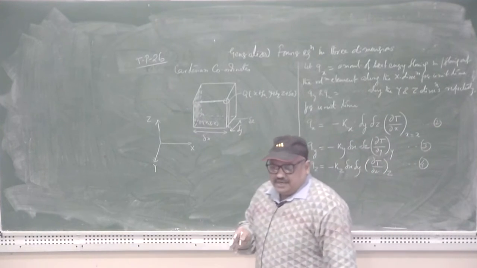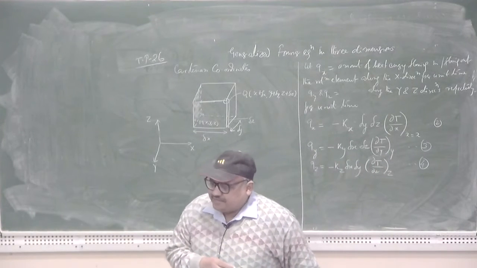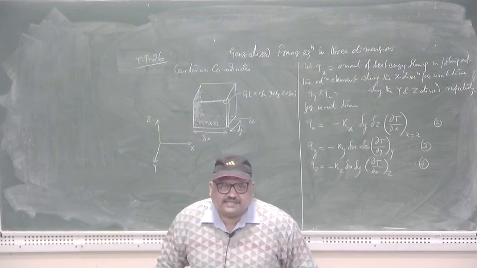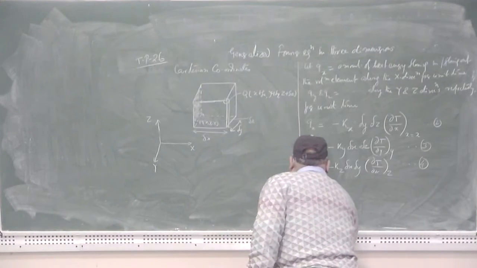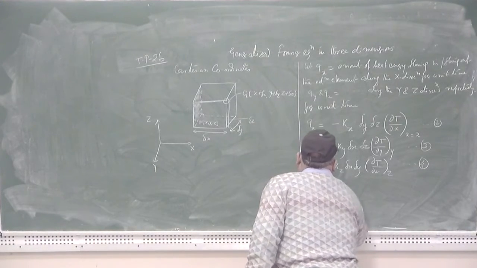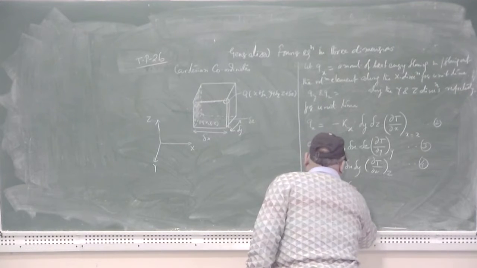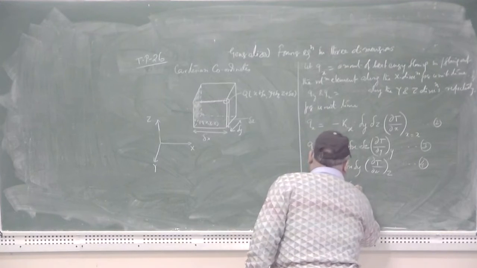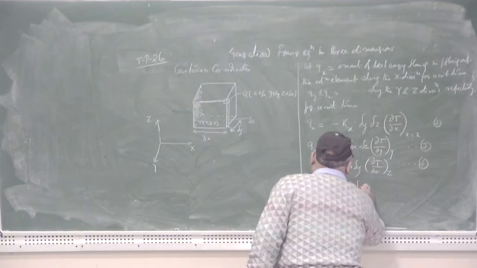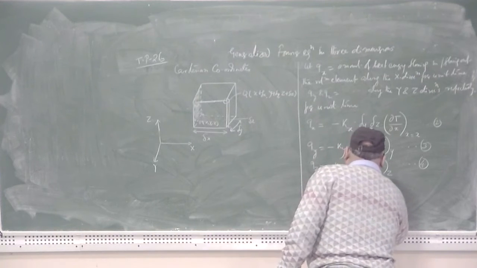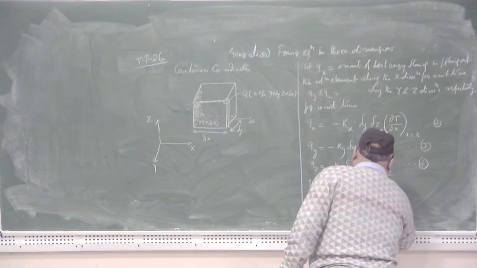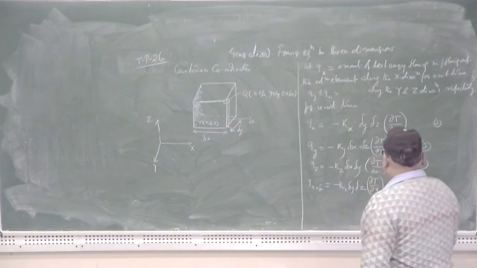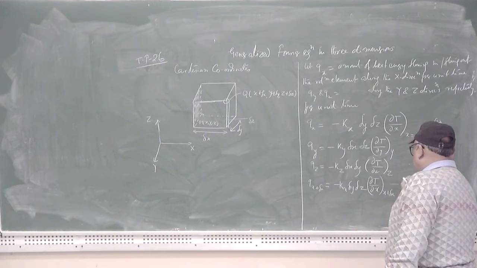Similarly, the heat energy which is being received by the volume element along the x direction can be abbreviated as q x plus delta x, which is equal to minus kx delta y delta z, the other quantities remaining similar, but the temperature gradient del T by del x needs to be considered at the point x equal to x plus delta x. Let us call this equation number 5.